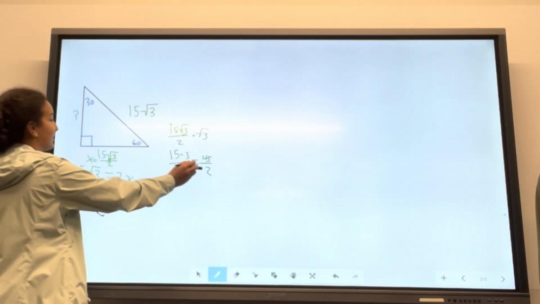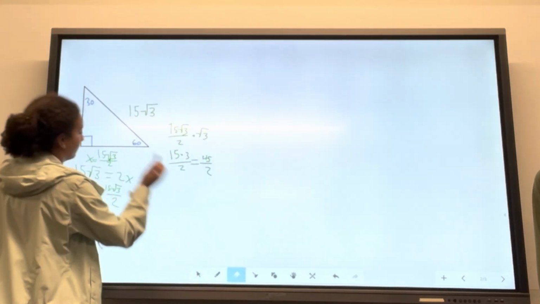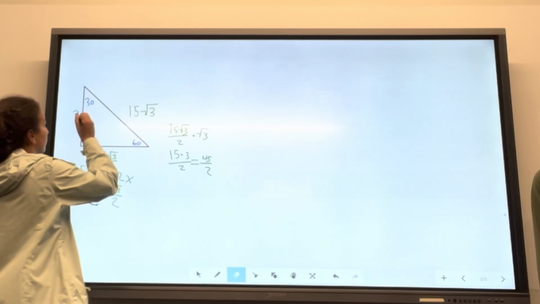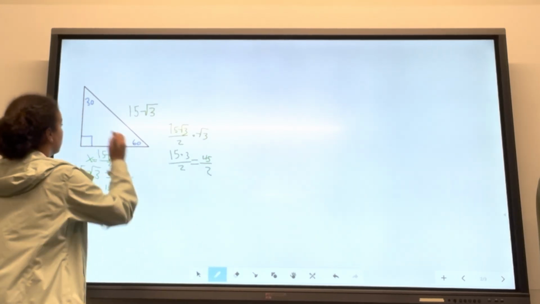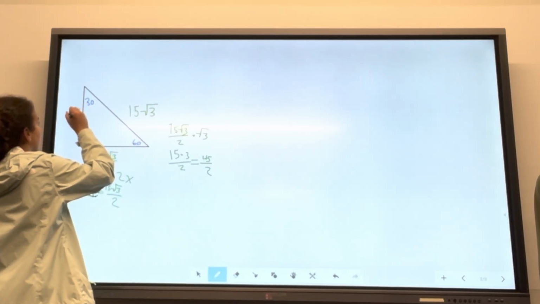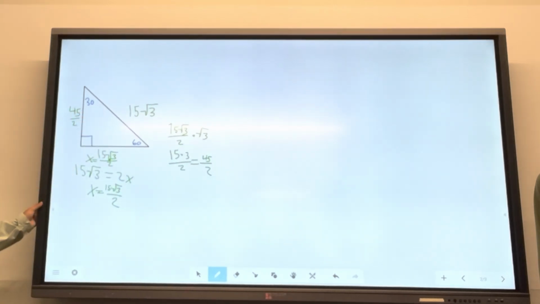Which we can take this 45 halves and put it right here. Now we have completed the triangle.